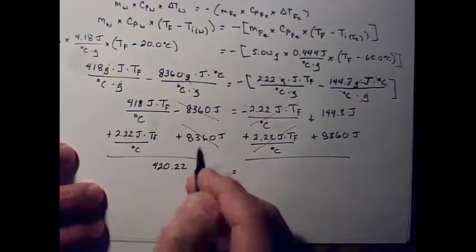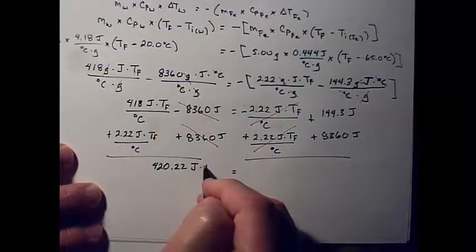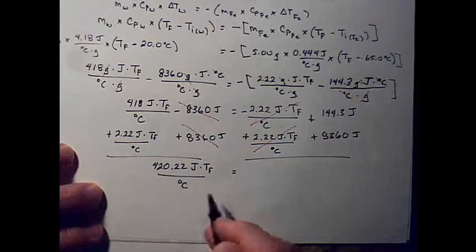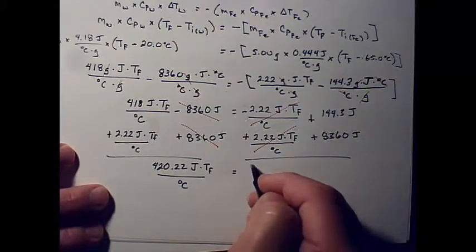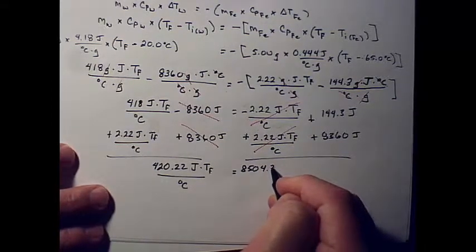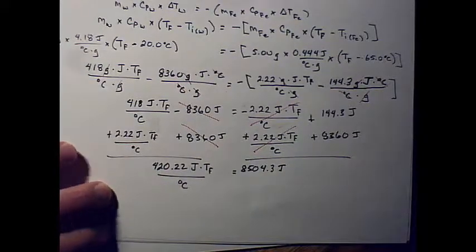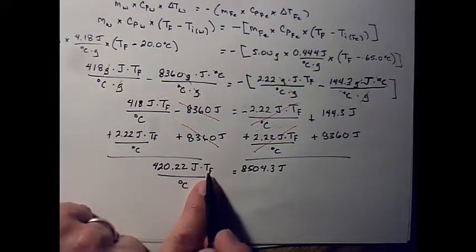I'm not rounding anything off yet. I'm going to round off at the very end. Joules times temperature final over degree C. When I add these two terms together, I get 8504.3 joules.